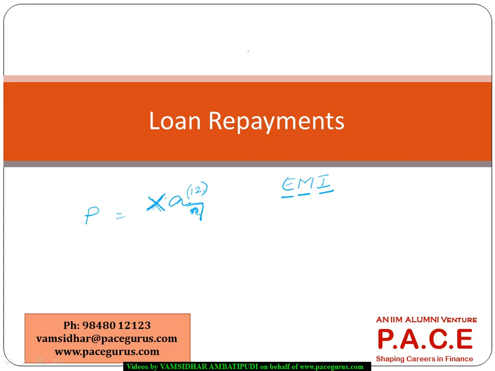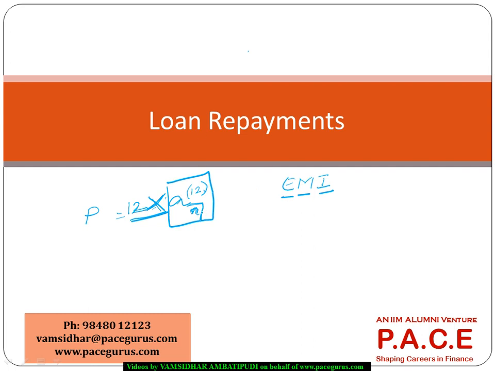So I have to convert this into years, which means I am actually paying 12X in a year, and that 12X I discount to the present value using the annuity factor, of course on a periodic convertible basis.